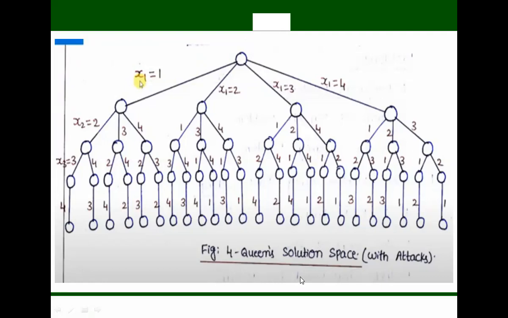So without considering the implicit constraint, I am constructing the state space tree for that problem. Okay, clear?